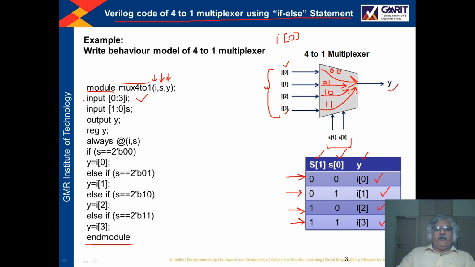So in this statement, input [3:0] I. With this statement we are creating a vector like I0, I1, I2 and I3. So a 4-bit vector we have created.